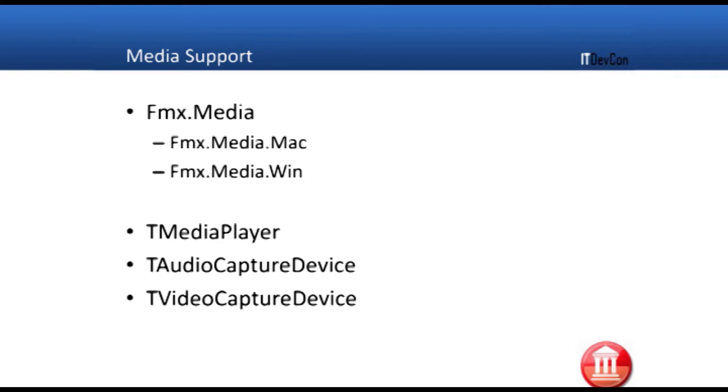Both contain the TMediaPlayer, which will play audio and video through the system's codecs. It uses DirectShow, I think, on Windows, and whatever is used for playout. Yes, QuickTime, thank you, on OS X.